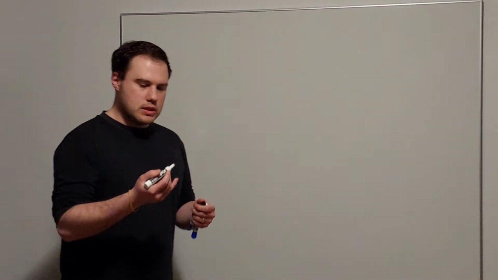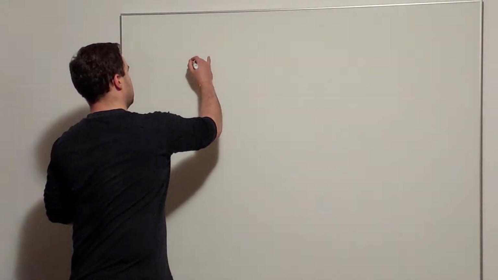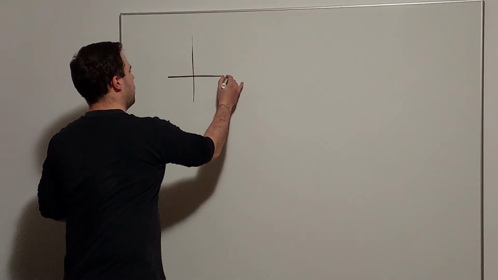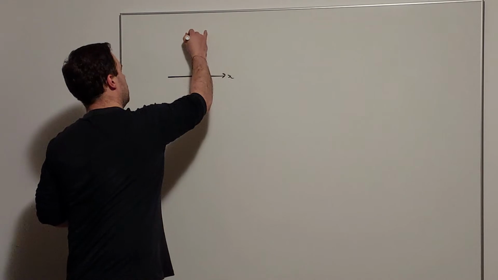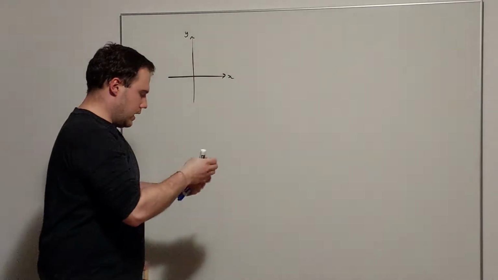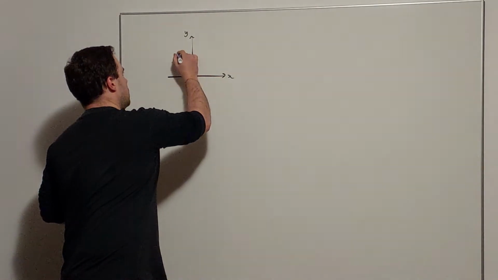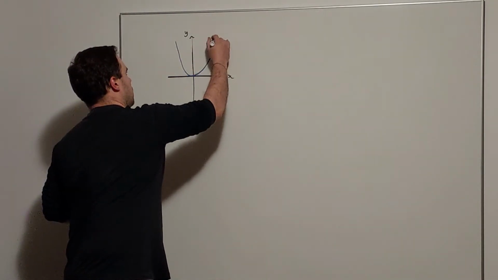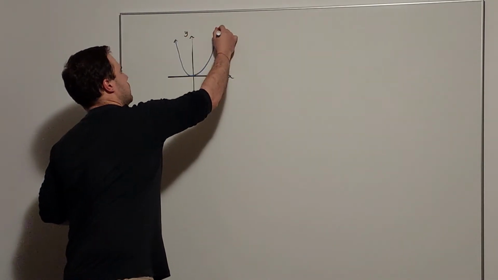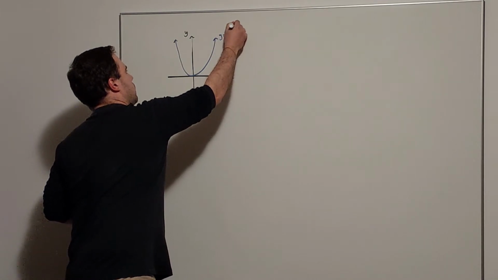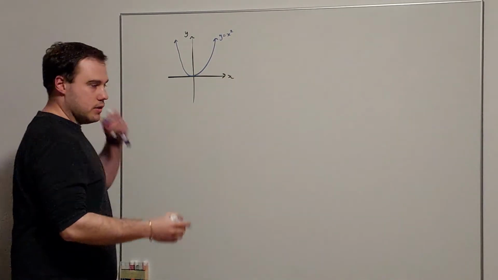So I'm going to sketch up the graph of y equals x squared, which we looked at, and we calculated a few gradients at some specific points, and notice that they started to form a pattern themselves.